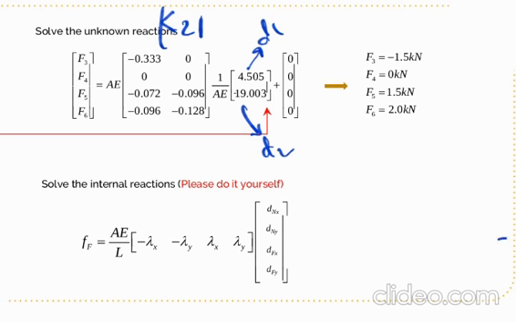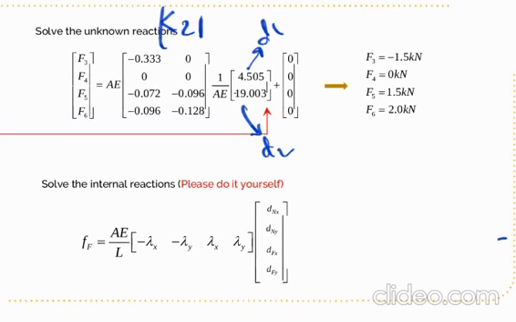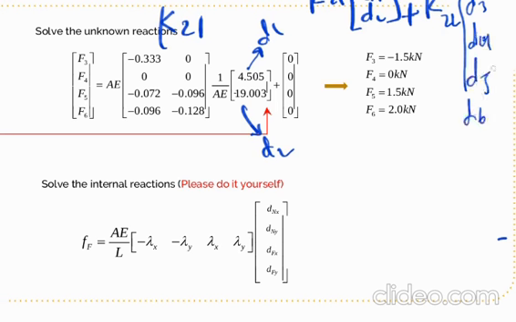Plus 0, as I said, K21 times D1 and D2 plus K22 times displacement number 3, displacement number 4, 5, and 6, and all these values are 0.